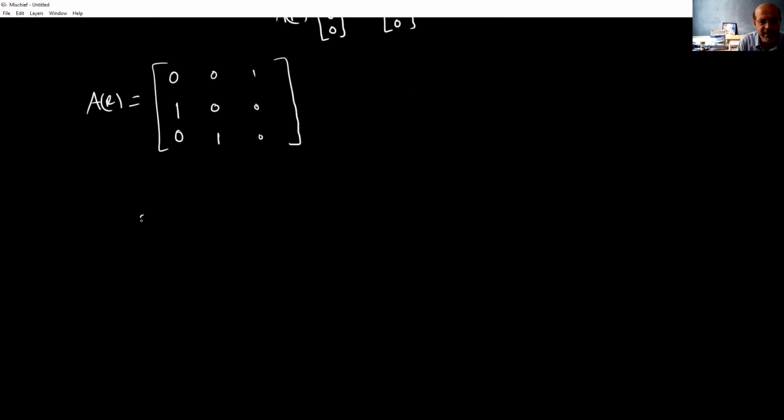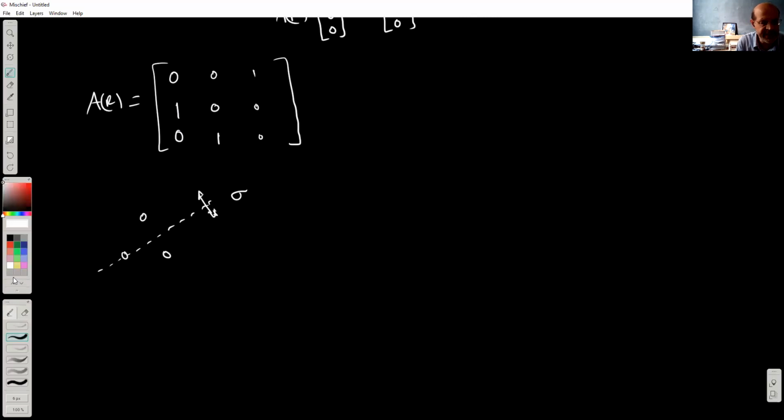So think about this operation. Let's say this is a reflection like that. Let me call this sigma, for example. It's just a reflection, right? So in that case, let me show the orbitals like that. So this is the phi1 orbital, phi2 orbital, and this is phi3 orbital.